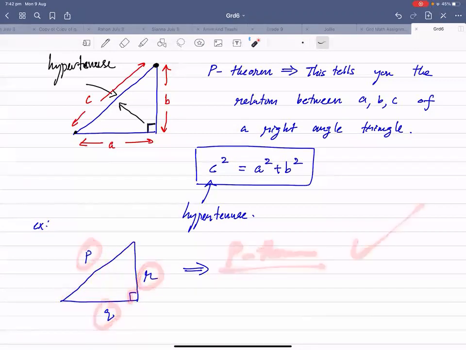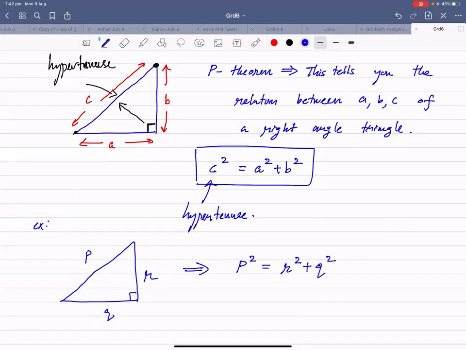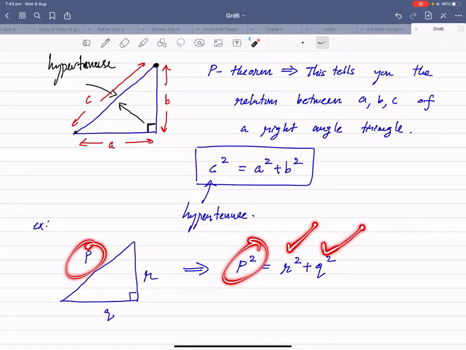Here, the Pythagoras theorem would be P squared is equal to R squared plus Q squared, not always C squared is equal to A squared plus B squared. Now, this P squared is nothing but the hypotenuse squared, and R squared and Q squared would be the sum of the other two sides. Okay, so that's the introductory part of the Pythagoras theorem.